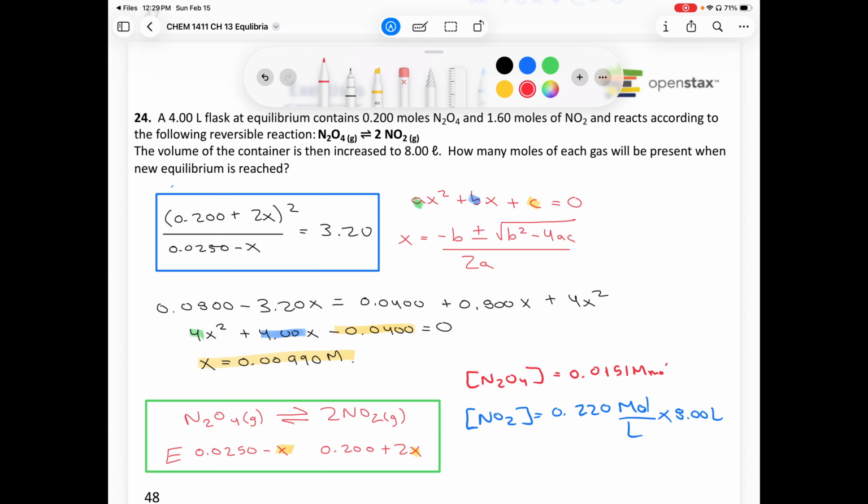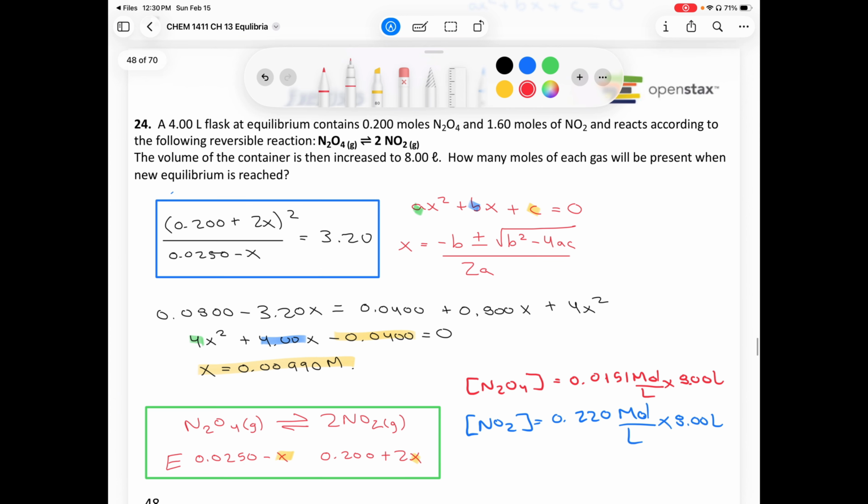I have moles per liter, and I multiply that by 8.00 liters. For my N2O4, I end up with 0.120 moles, and for my NO2, when I multiply this out, I end up with 1.76 moles.